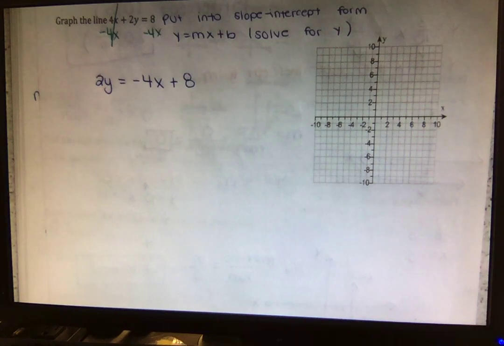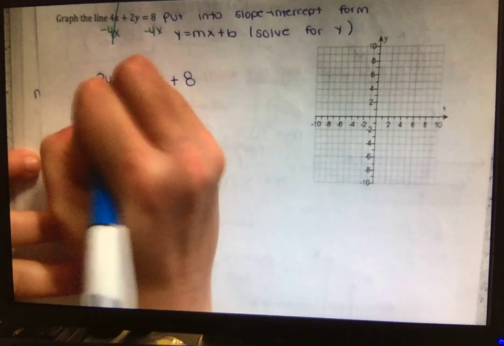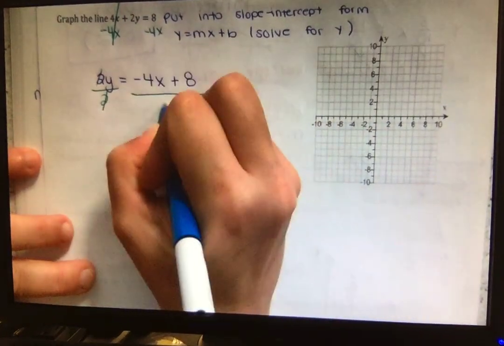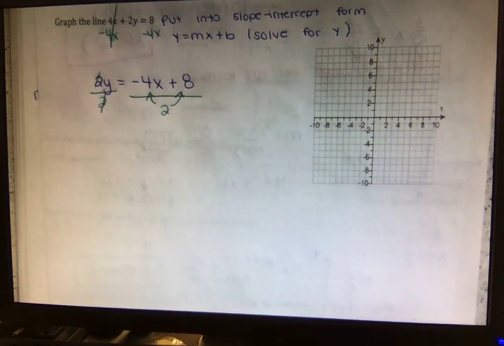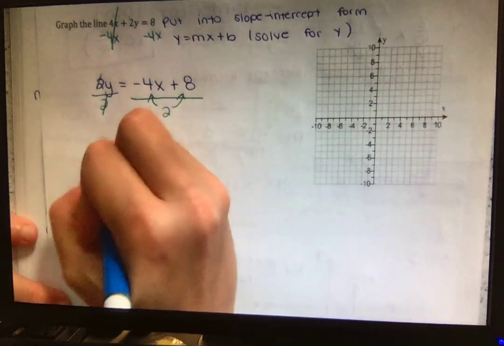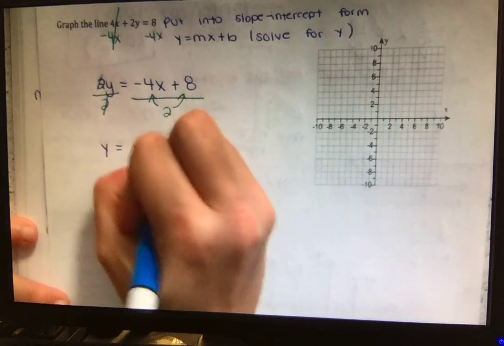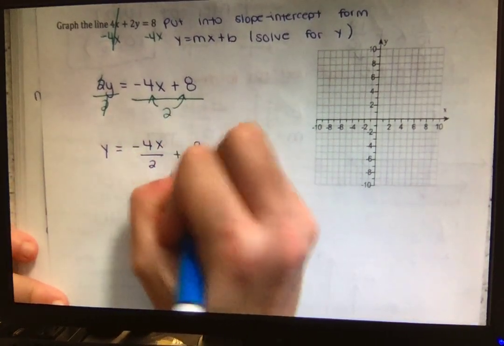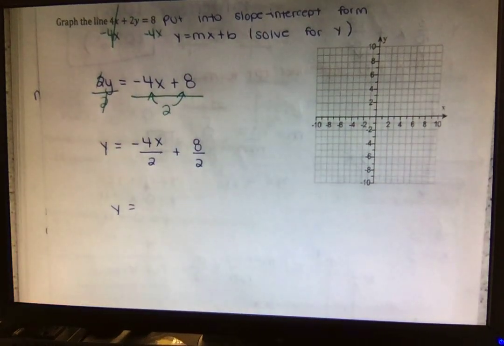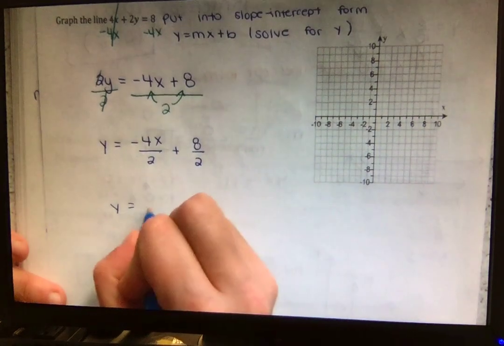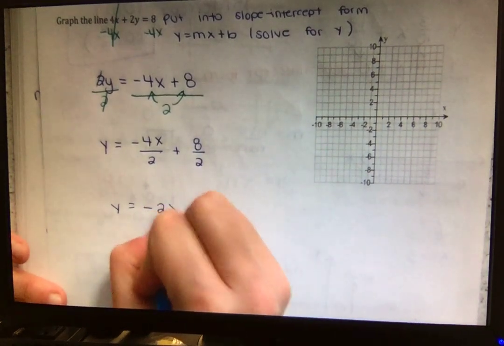Lastly, getting y by itself. Divide by 2, thank you. So 2 divided by 2 goes to 1 and cancels out. We're dividing the whole left side by 2, which means we're going to divide the whole right side by 2. So every single term on both sides gets divided by 2. We're left over with y equals -4x over 2 plus 8 over 2, which can be simplified. -4 divided by 2 is negative 2x.